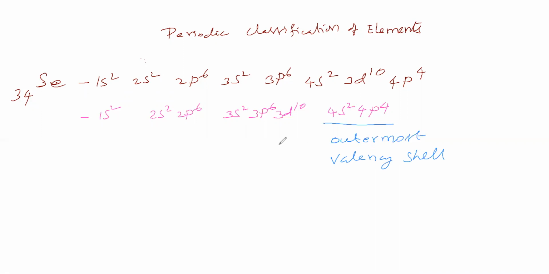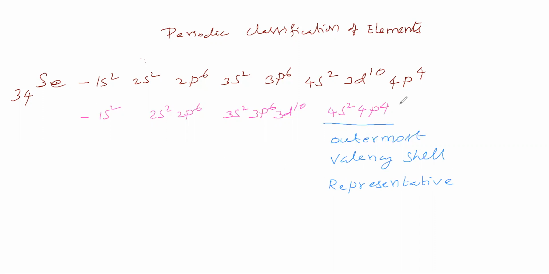Now, for selenium, the outermost shell configuration and the valence shell configuration are the same. The valence shell, this outermost shell, contains electrons less than 8. Therefore, selenium comes under representative elements.